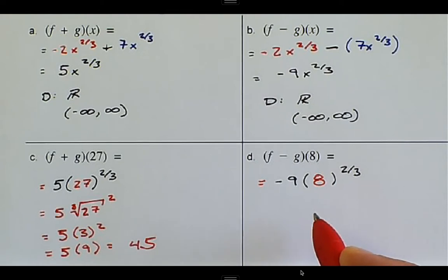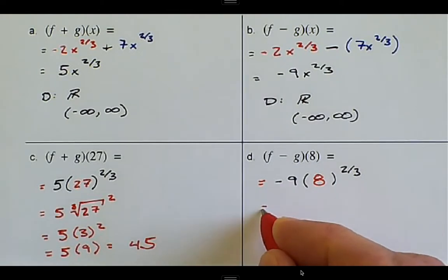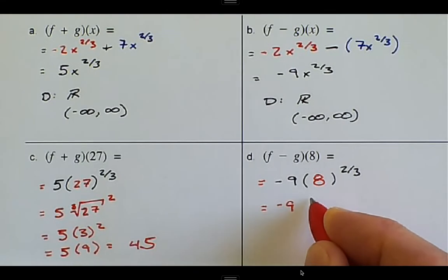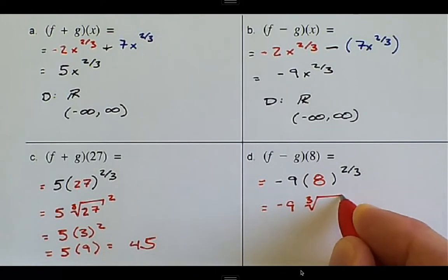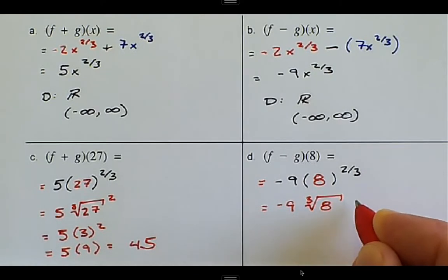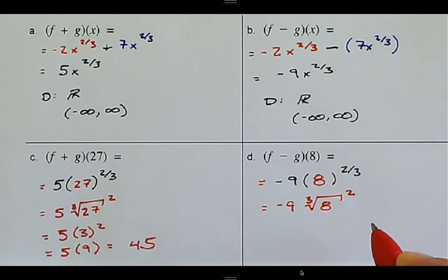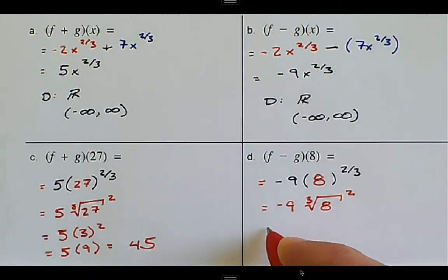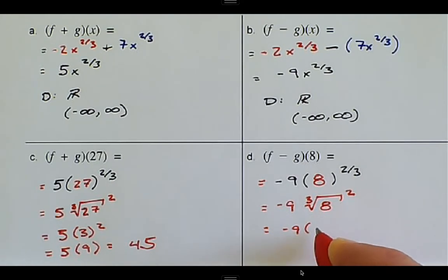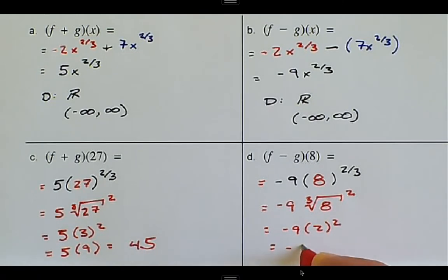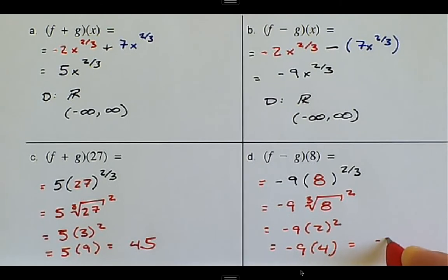And so again, I'm going to rewrite this, negative 9, and then the third root of 8 squared. The third root of 8 we know is 2. So negative 9 times 2 squared, which is equal to negative 9 times 4, which is equal to negative 36.